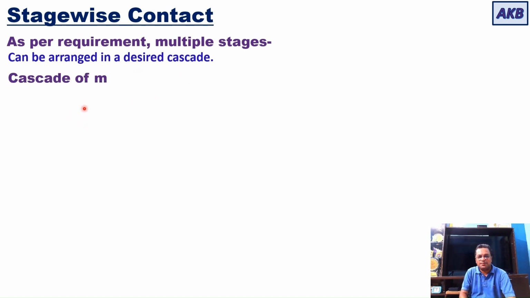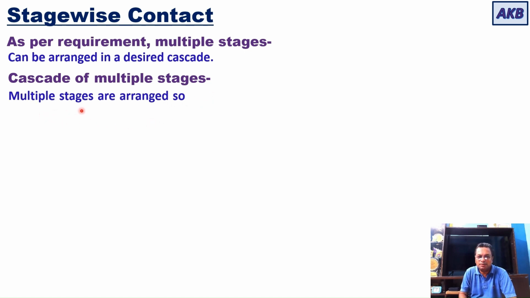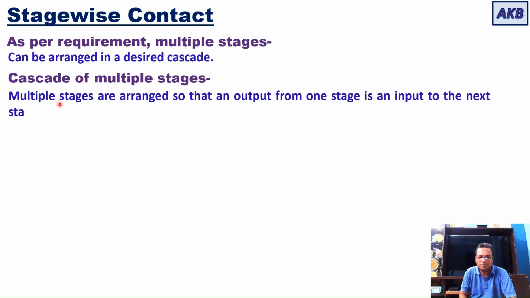What is a cascade? A cascade of multiple stages is an arrangement where the multiple stages are arranged so that the output from one stage is the input to the next stage. When you have this arrangement, it is called a cascade.